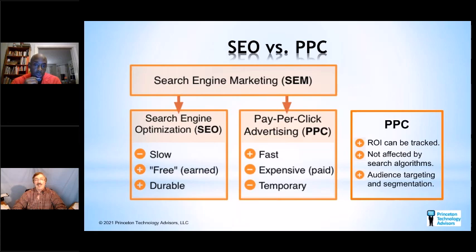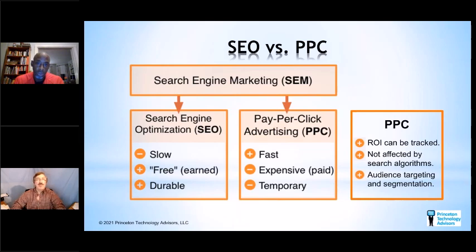It doesn't cost you anything. Of course, if you hire someone to do the work for you, you pay for that, but you're not paying any of the search engines for the privilege. But it's very durable. Once they find out about you, it holds on to you. Once you're in the Google database, once you're in the Bing database associated with your keywords, Google remembers you. You know, it's like an elephant again, it doesn't forget.